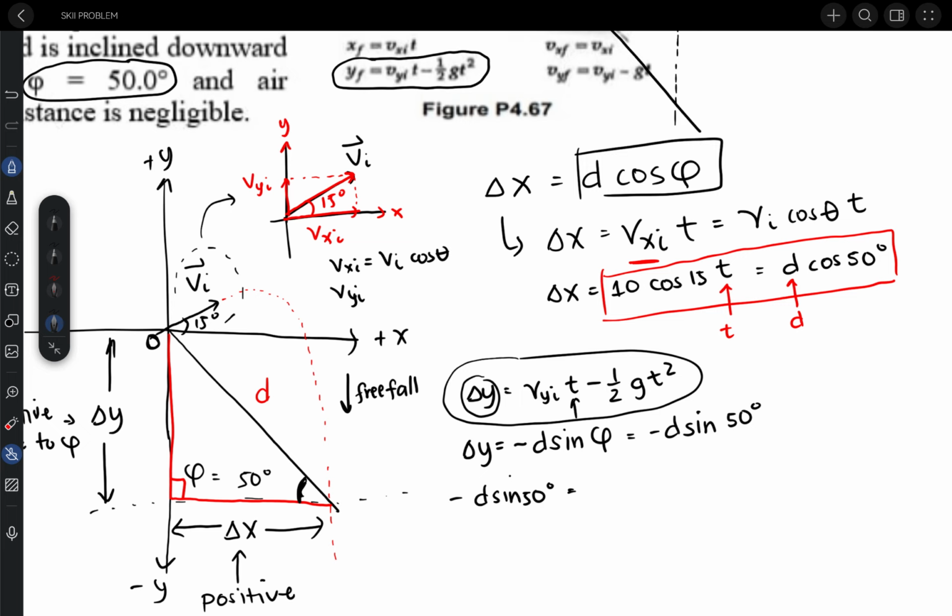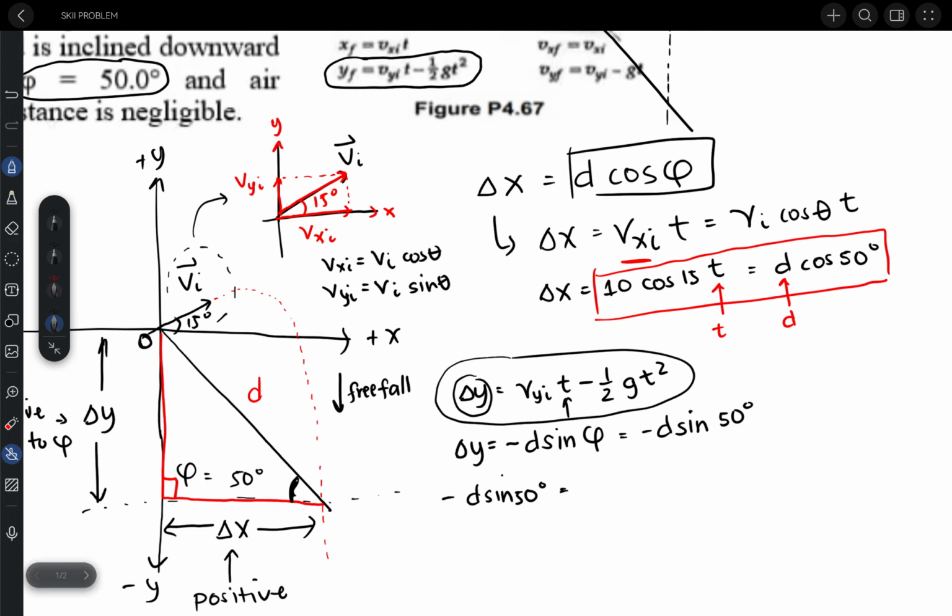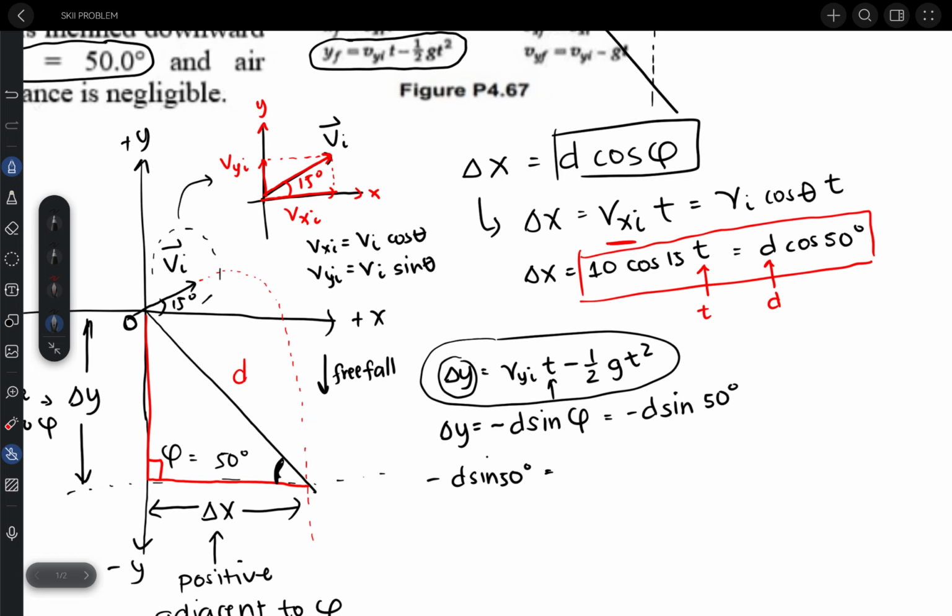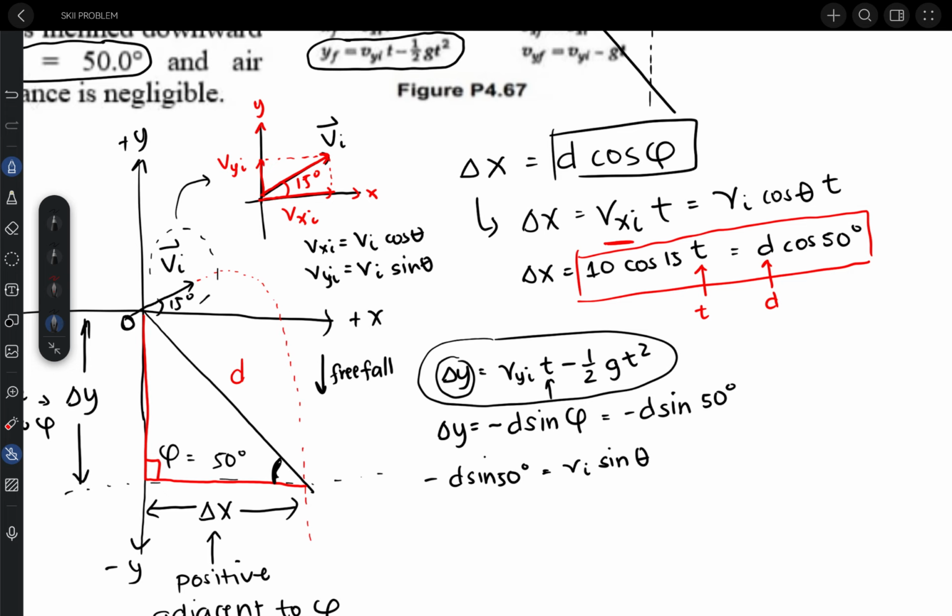So the vyi will give us the magnitude of vi times sine of theta. We're just going to use that value for the vyi here. You'll have vi sine of theta times t minus 1 half gt squared.